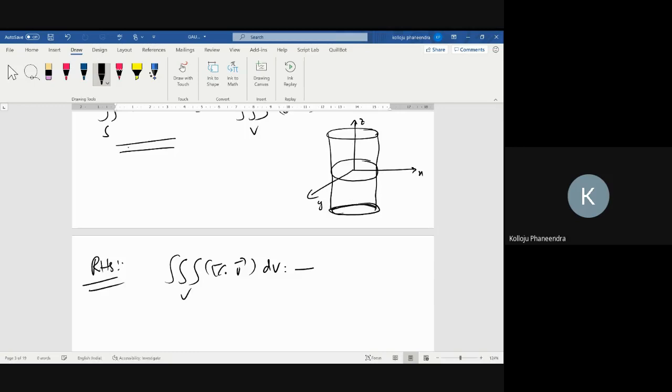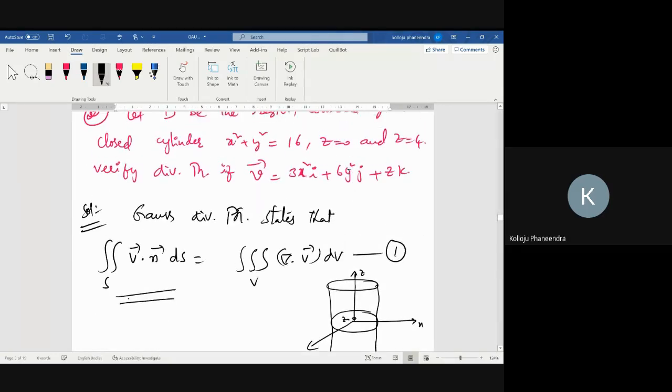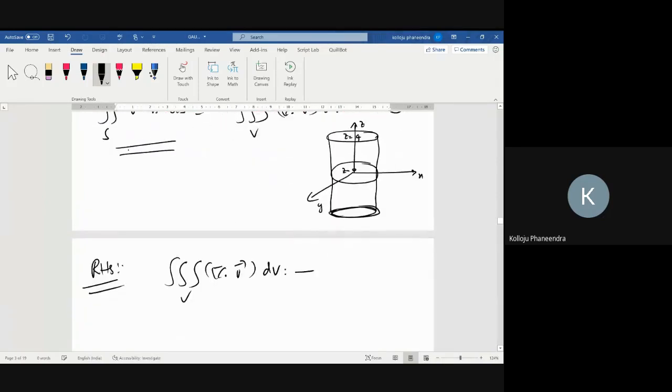The volume V is bounded by z equal to 0 and z equal to 4, so this top surface is z equal to 4. The cylinder between z equal to 0 and z equal to 4, so not this bottom one. From here to there, this cylinder I have to consider.